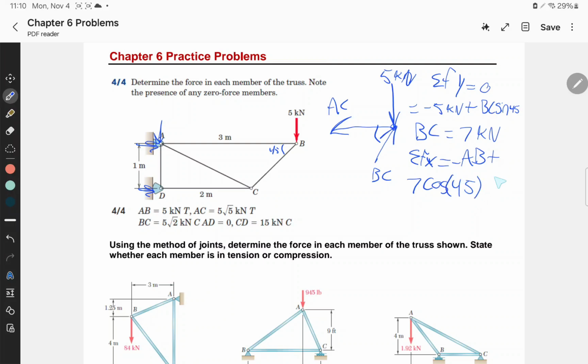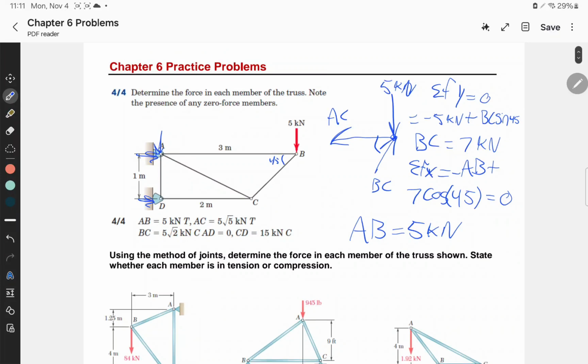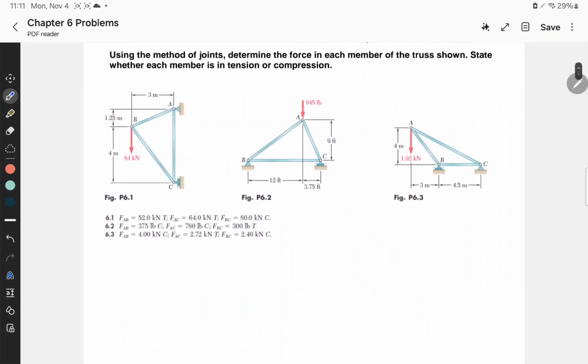That's gonna give us the AB. AB is 5, so 5 kilonewtons, and it's equal to 0. Just don't forget that. AB is equal to 5, so our 5 kilonewtons. Our assumption is also true here, so it's positive. And that's basically it for chapter 6.